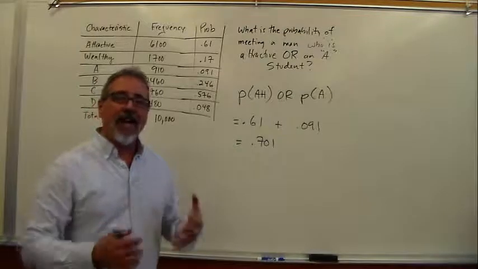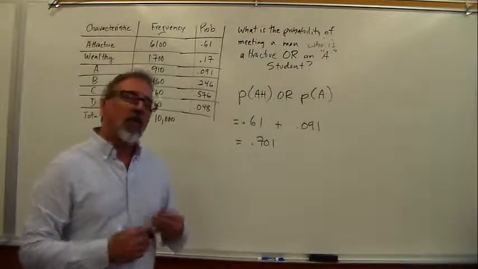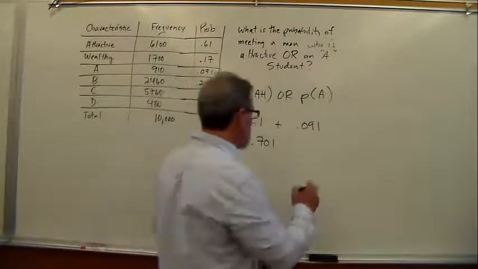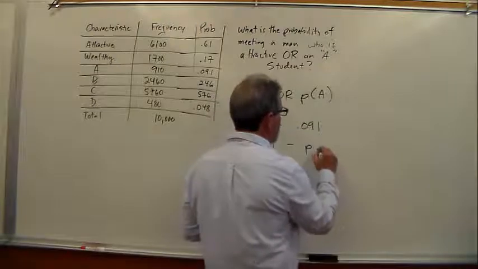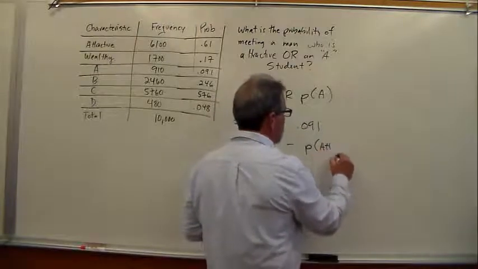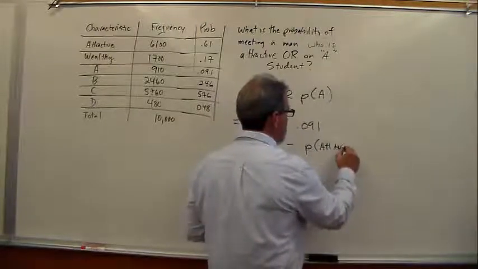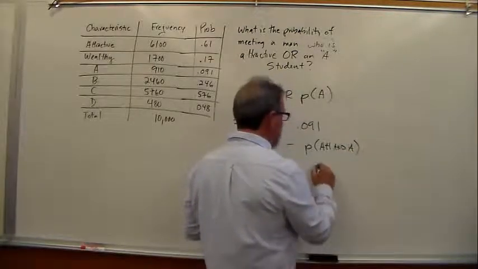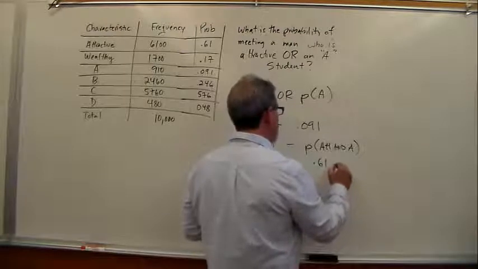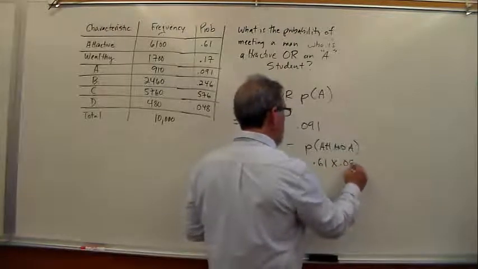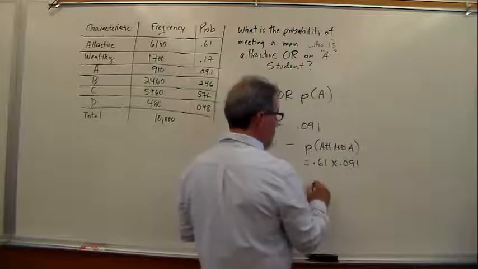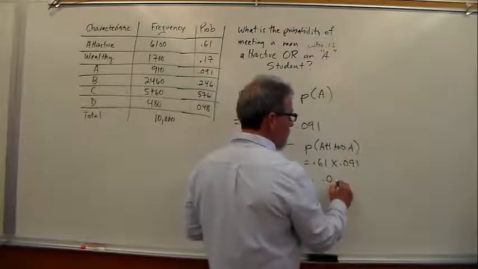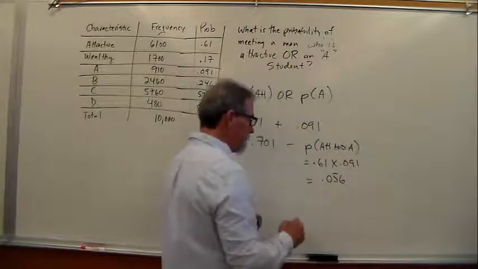In this non-mutually exclusive case, we have to subtract out that probability of both happening. What is that probability? Well, it's the probability of someone being attractive and an A student. So the probability of attractive and A student is 0.61 times 0.091, and that is 0.056.